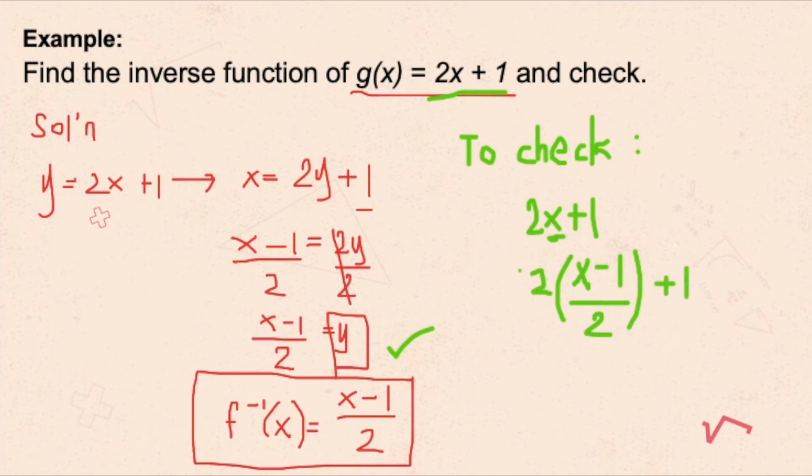Since we can cancel the 2, this will be x minus 1 plus 1. Combining negative 1 and positive 1 gives 0, leaving only x. You will know your answer is correct if, after checking, the final answer is x. That's the rule in identifying if your inverse is correct.